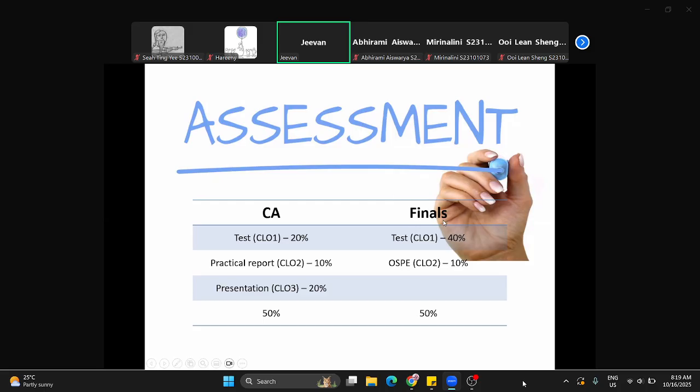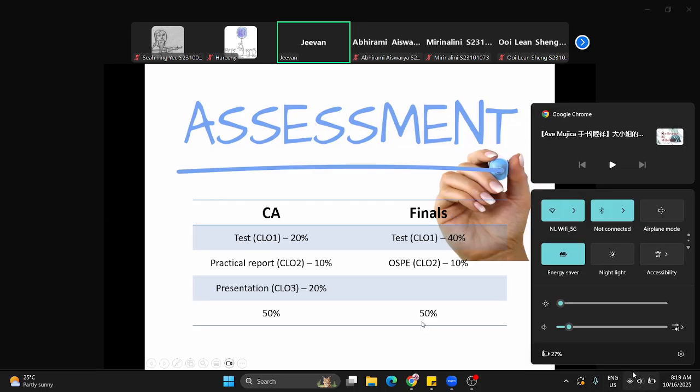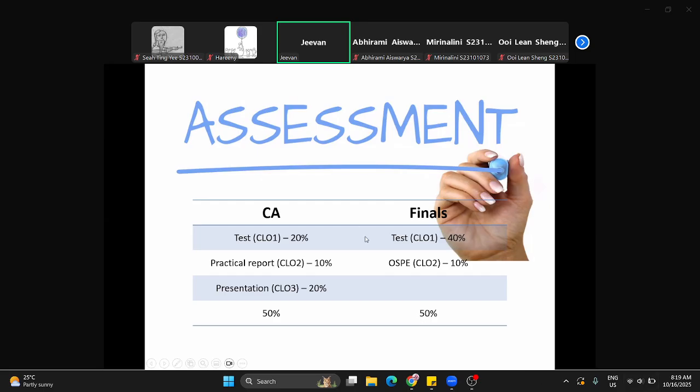In the finals, your theory paper covering CLO1 will be 40%. And the remaining OSPI, which is your practical test, will cover another 10%, which adds up to 50% marks. Okay, so this is about your assessment.